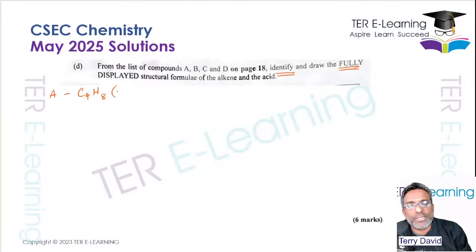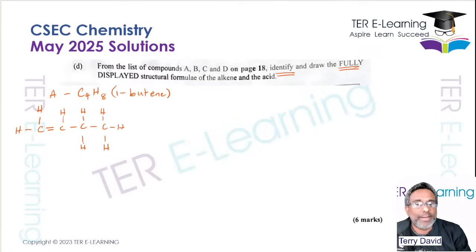This is 4 carbons, so this is 1-butene. So if I had to draw this, it would be like this. So this is your 1-butene here, and this here is your alkene.